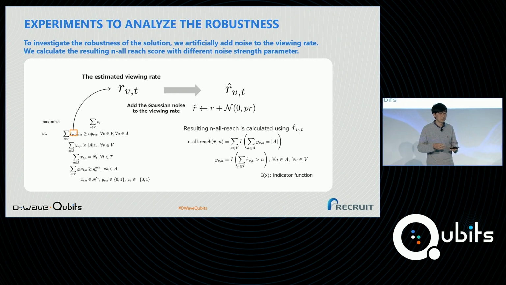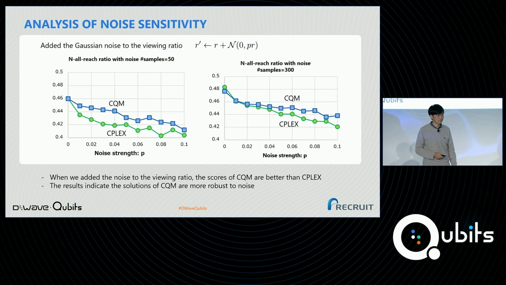So we simulate the noisy situation by adding noise, and we control the amplitude of the noise using this parameter P. And we see how the evaluation score changes depending on the noise parameter P. Here are the results.